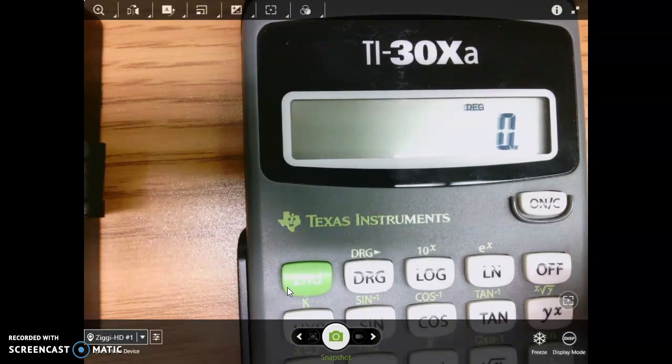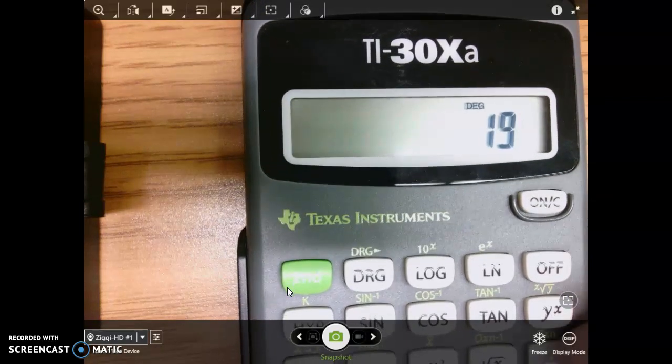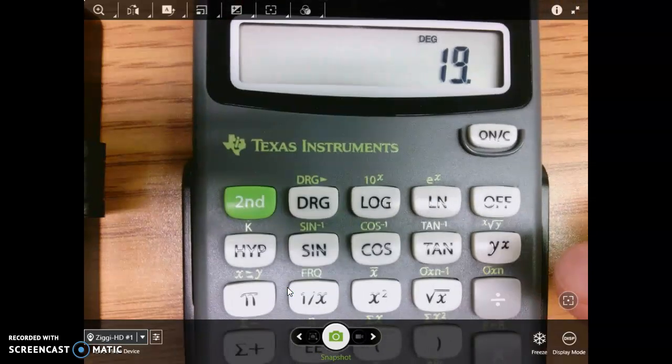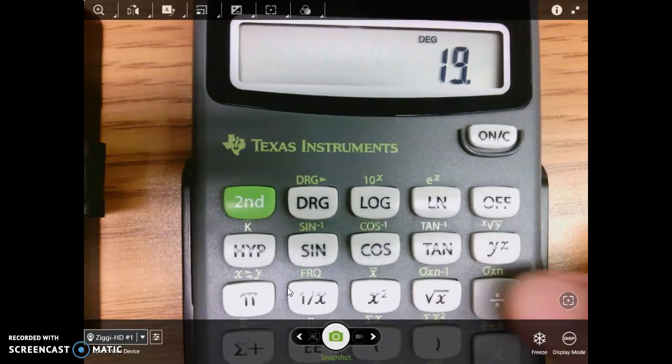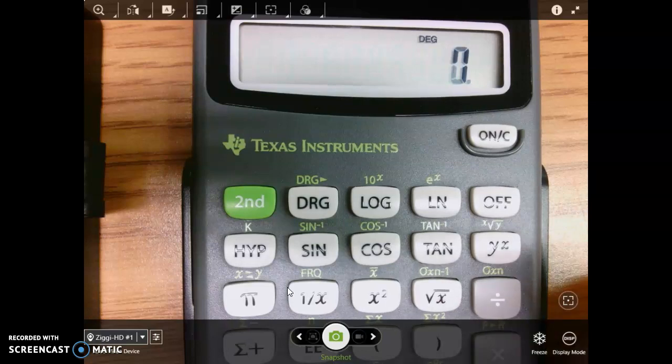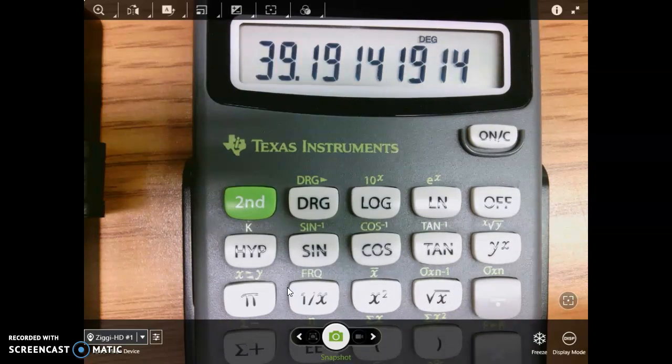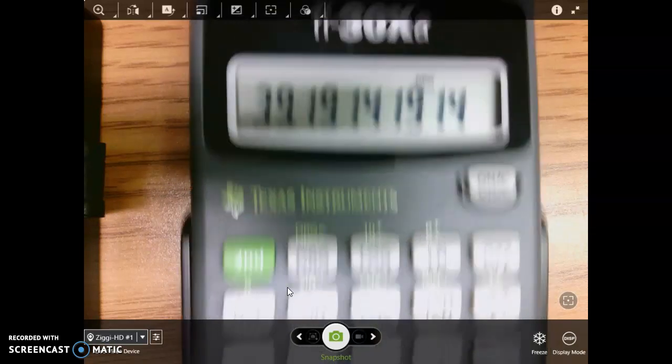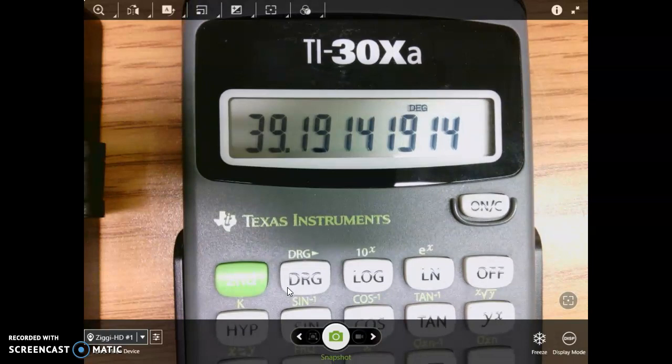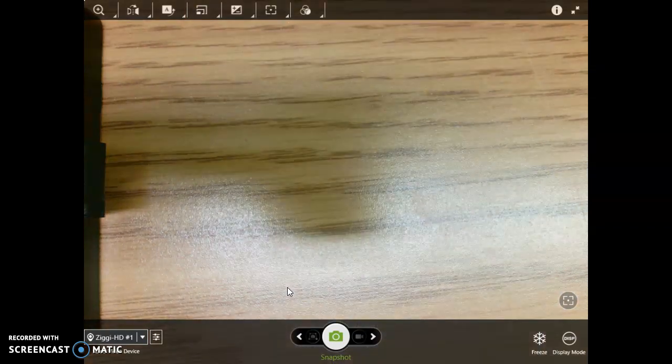And then again, take 19 divided by that number you just put in, 0.4848. And we get about the same thing. 39.19 is what we had before. Again, if you're going to use a decimal for your trig functions, please make sure you go out to about 3 or 4 decimal places. So about 39.19.